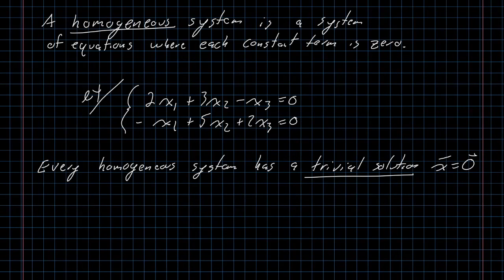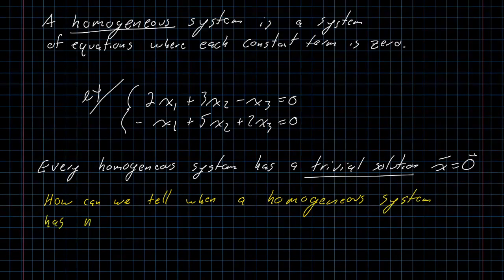The interesting question in linear algebra is, how can we tell when a homogeneous system has non-trivial solutions?